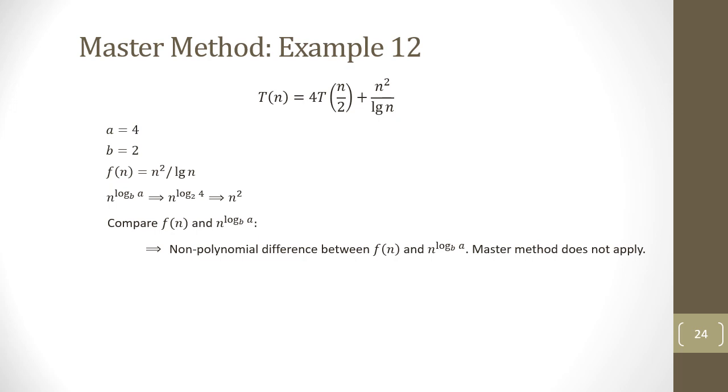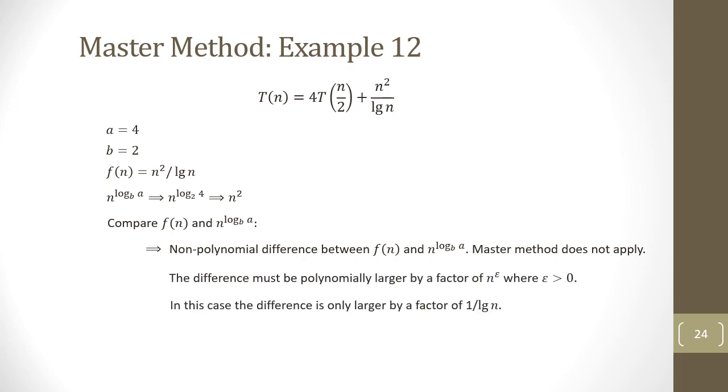So master method does not apply. The difference must be polynomially larger by a factor of n to the power of epsilon, where epsilon is greater than 0. In this case, the difference is only larger by a factor of 1 over log n. So, master method does not apply to this recurrence equation.